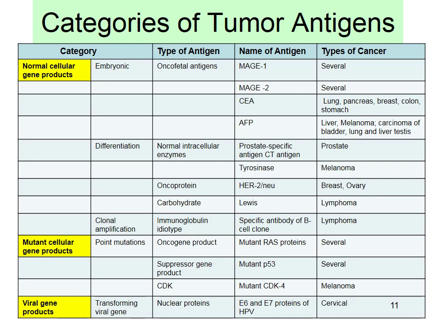And then again, you can see clonal amplification, which is an antibody, causal in lymphoma. Then there are mutant cellular gene products. There are always point mutations occurring. If you remember a little bit of genetics, think of point mutation when gene transcription takes place. Those point mutations can also lead to many different cancers. The most important that you will see is P53, which is a suppressor gene product.